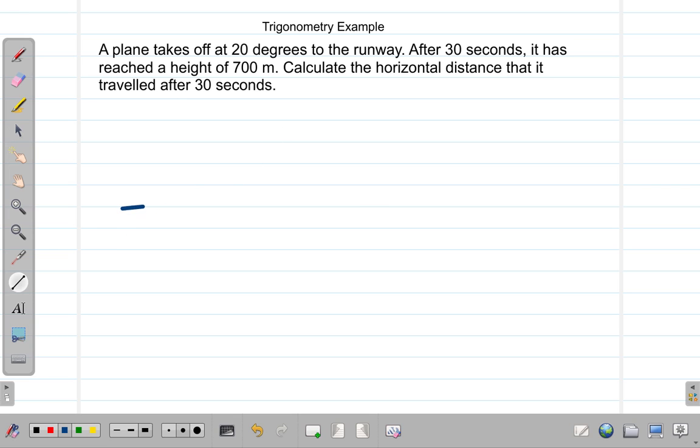So, if you consider this as the runway, you have the airplane takes off at 20 degrees to the runway.